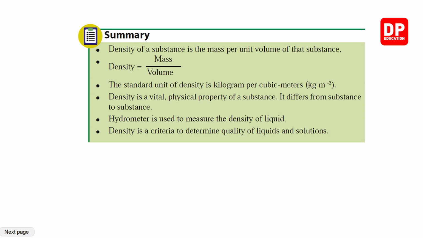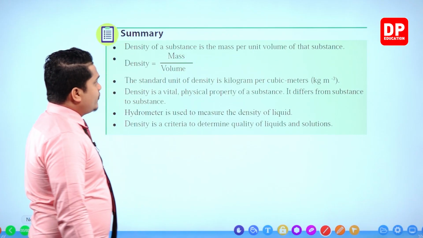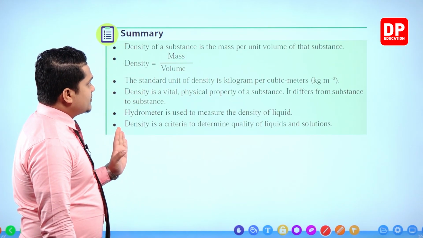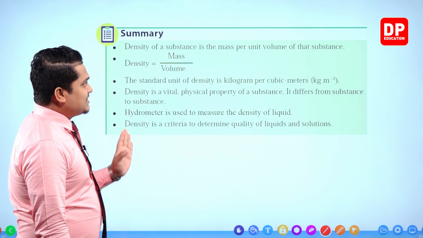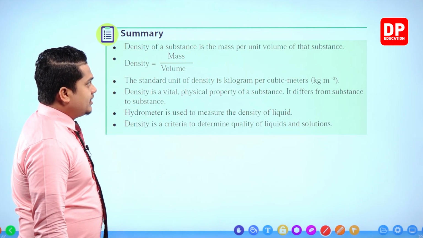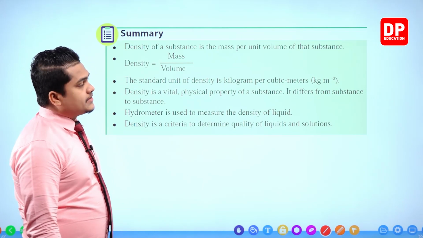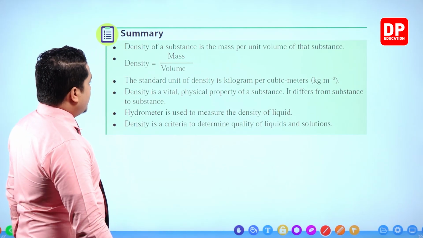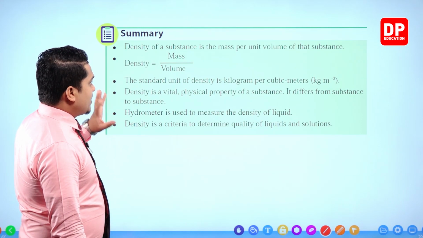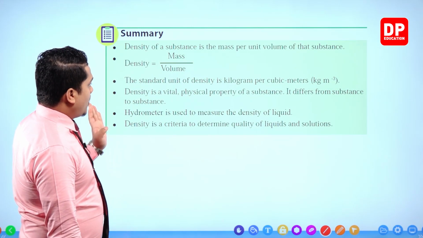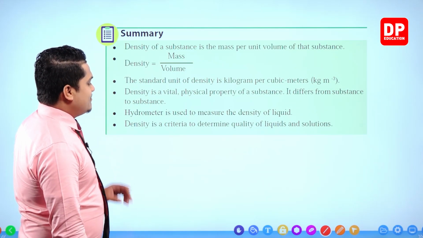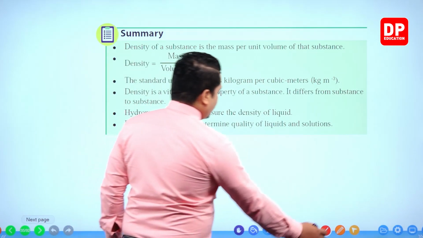So let's see what we discussed once again within the summary. First of all, we discussed that the density of a substance is the mass per unit volume. We define the density by using a formula: density equals mass over volume.